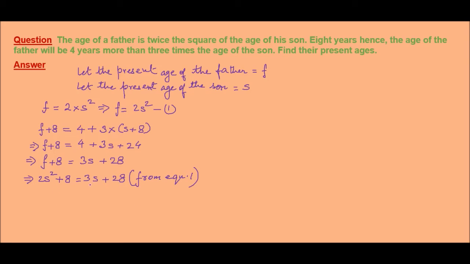Now we are bringing all the terms to the left hand side of the equal to sign, so that we have a 0 on the right hand side. How do we do that?